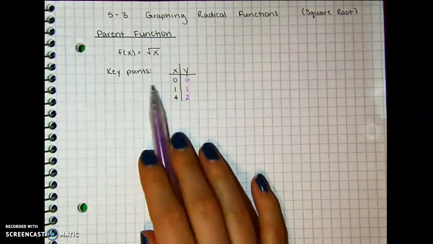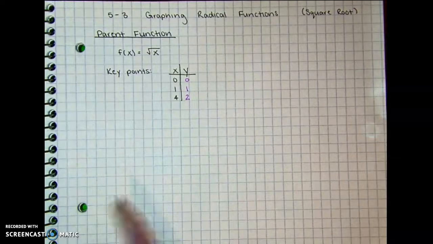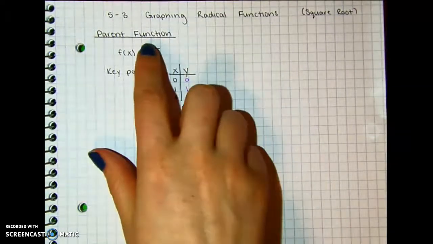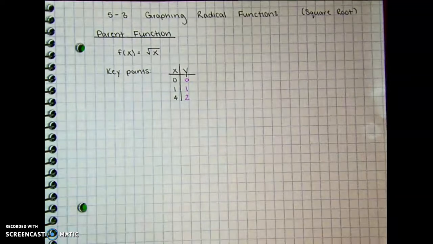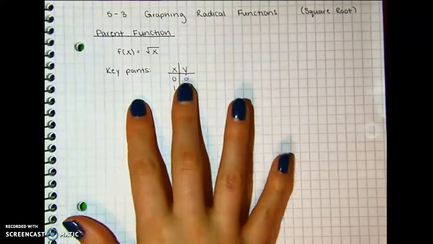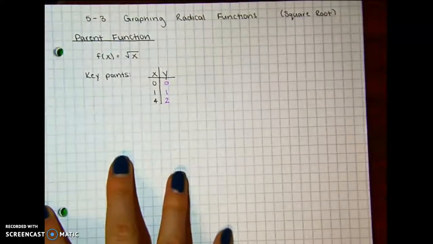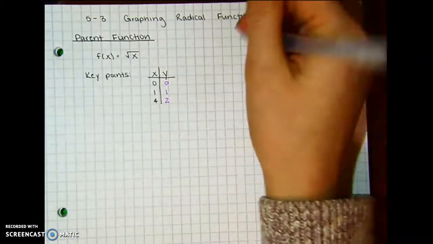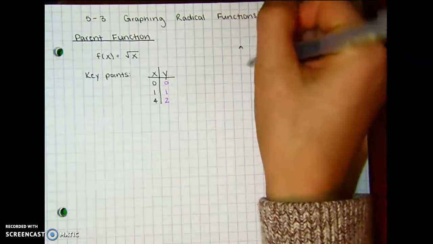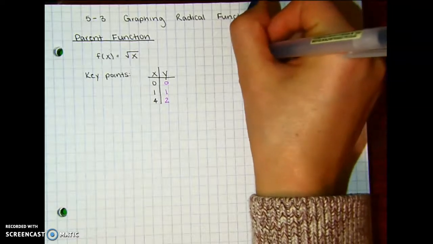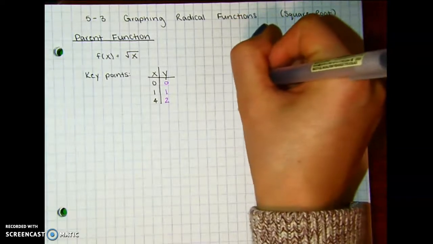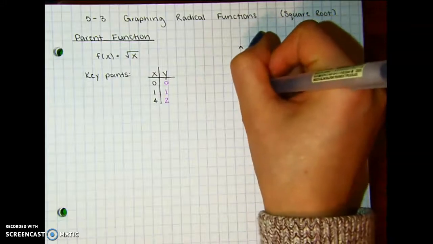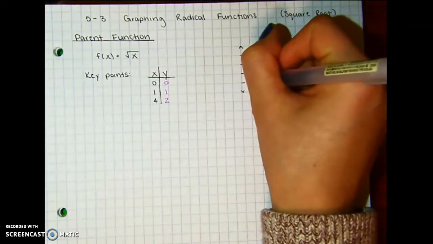Now, we're not going to do negative numbers because, as you hopefully remember from a couple chapters ago, the square root of a negative is imaginary, and you're not going to be able to see complex numbers on this plane. So those are your key points. That's your function. So let's do your graph. I'm going to go up to 3 on the y-axis and go to positive 5.